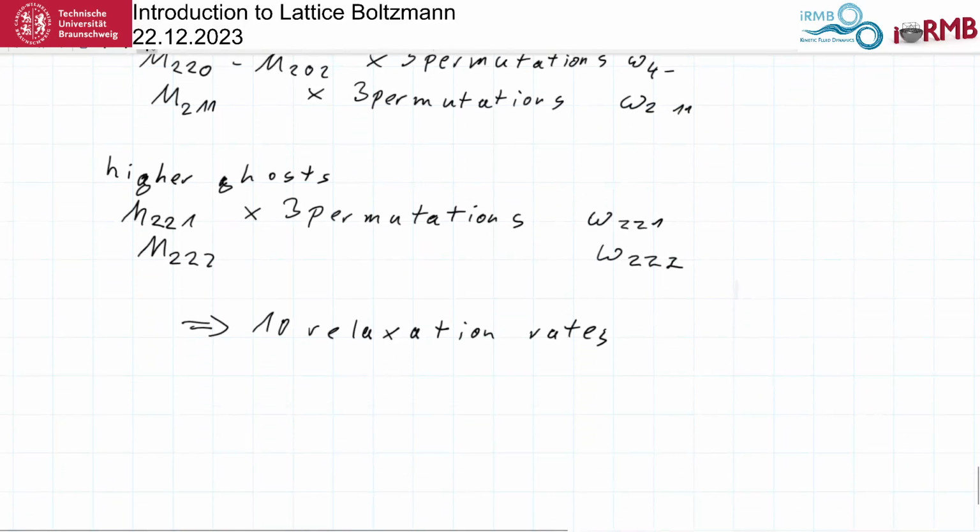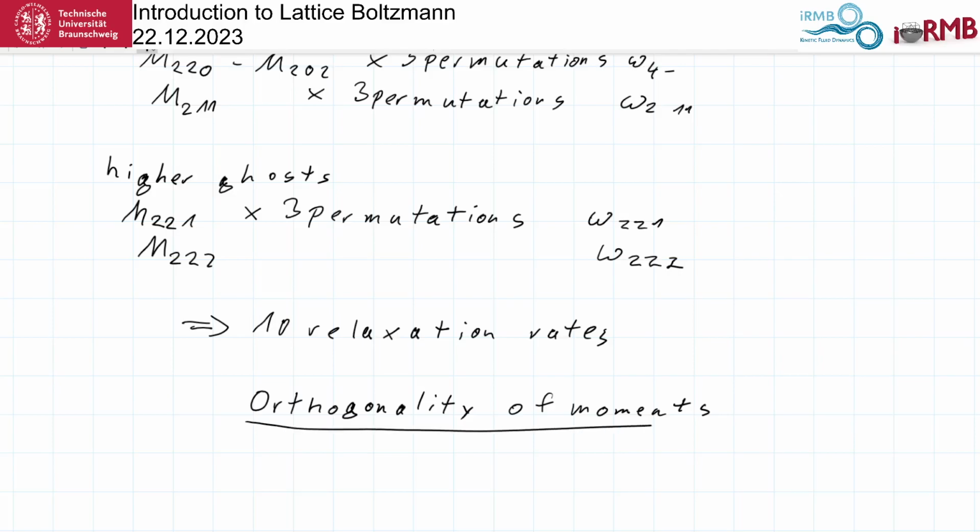Then we come to the next chapter in the development of the MRT method, that is the orthogonality of moments. And this is the topic, I would say, that saw the most change in opinion and understanding in the last 10 years.